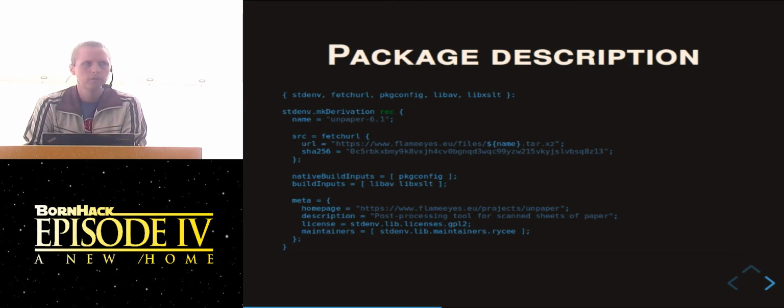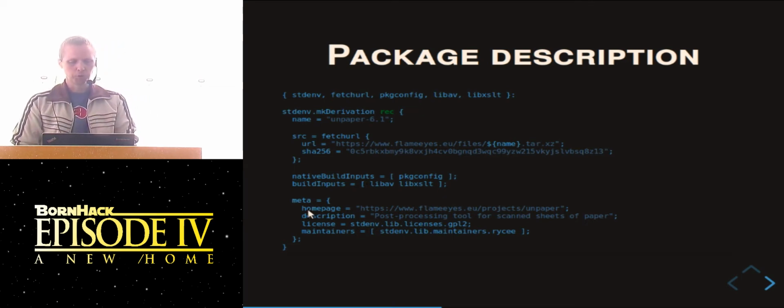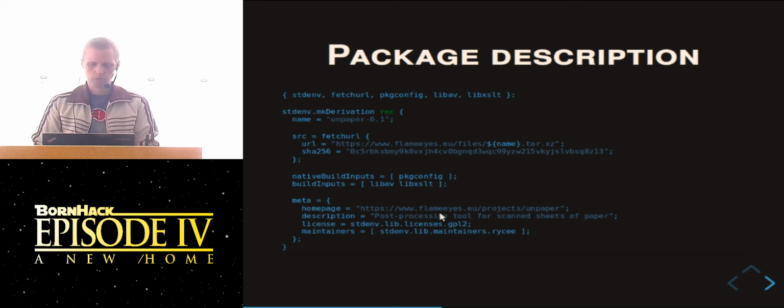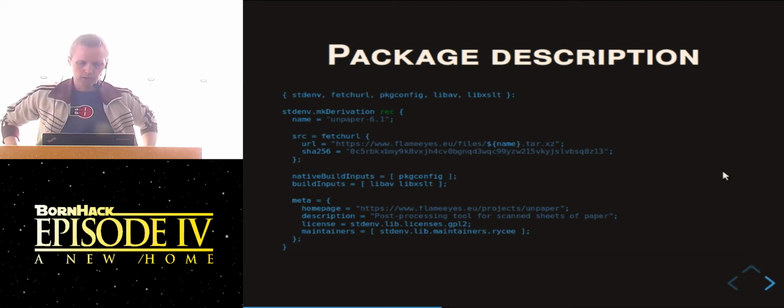It's not used at runtime. So if we're doing a cross-platform build, we'll actually use the build platform's version of package config, while libav and libxslt are built for the target platform in that case. And then we have some typical meta information, like the homepage of this package, and some descriptions.